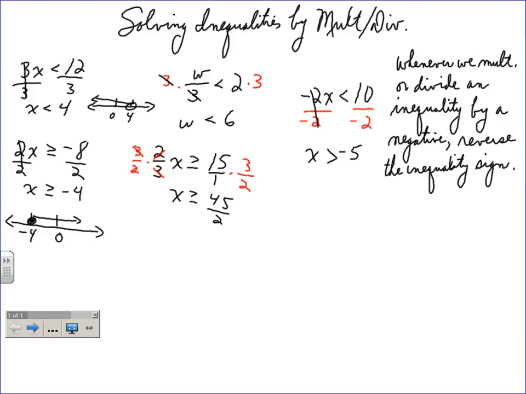So whenever we multiply or divide by a negative, you have to flip the inequality sign.